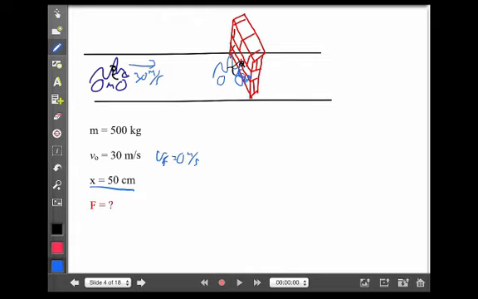Well, to get force, we need acceleration. What a surprise. Well, we have initial velocity, final velocity, and displacement. We don't have time. So now let's render our time unknown equation. Vf squared equals Vo squared plus 2ax. Final 0. Initial is 30.